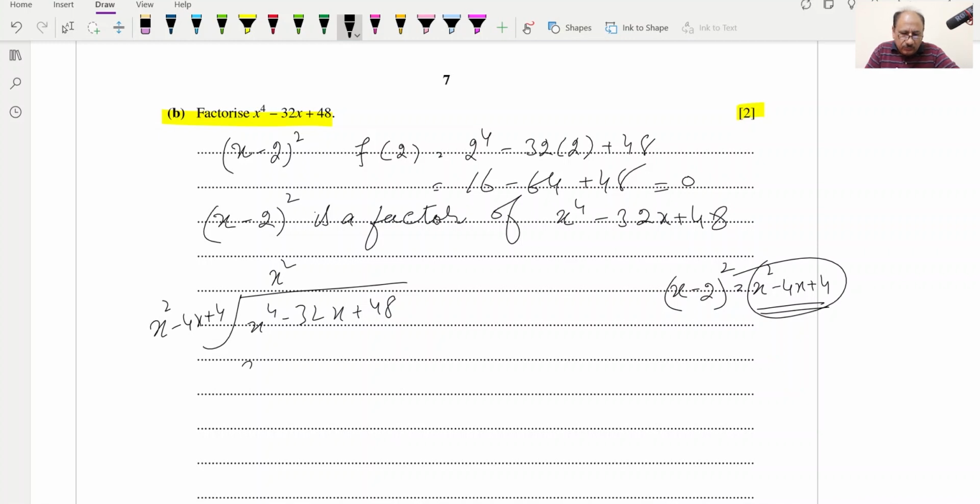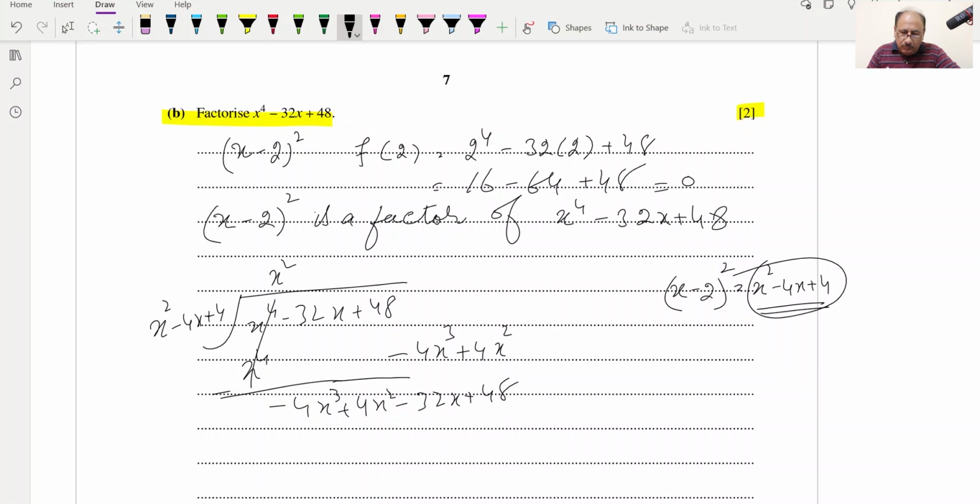We can divide by x², so x⁴, and the x⁴ will be cancelled, and minus 32x. Basically we have to multiply the other terms also, so the other terms will be −4x³ and plus 4x², and we'll get −4x³ + 4x² − 32x + 48.